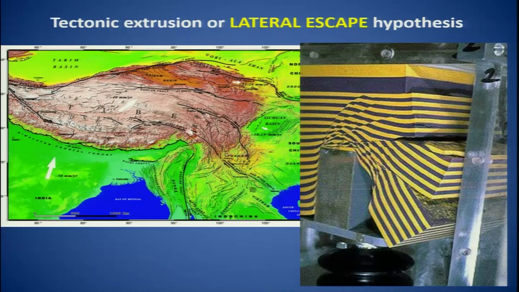So this is how it has been explained, what is the reason for the formation of this fault system here as a right lateral, and this side, that is on the western side, as your left lateral.